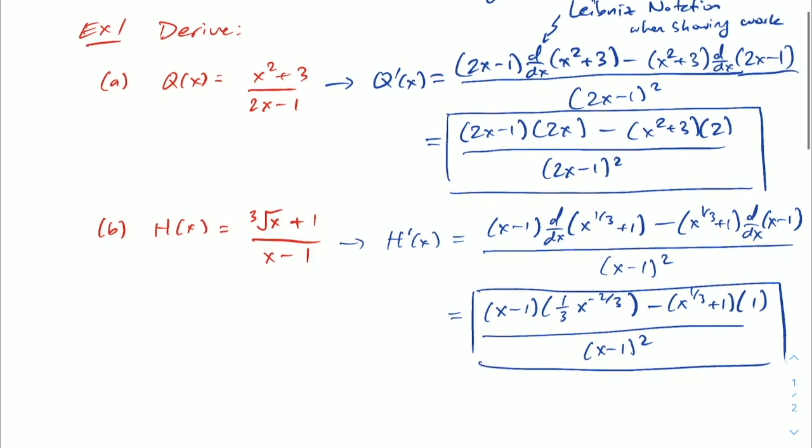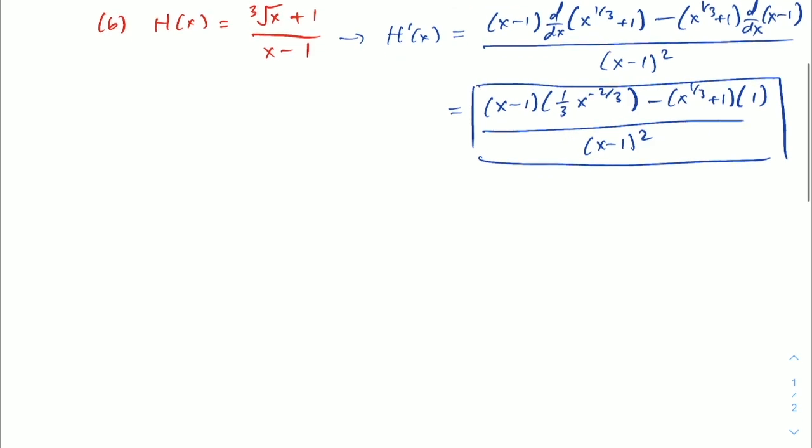Okay, let's do another example. Call this example 2. So in this example, I'm going to give you a function f of x over g of x, and I'm going to ask you to find q prime of 2.